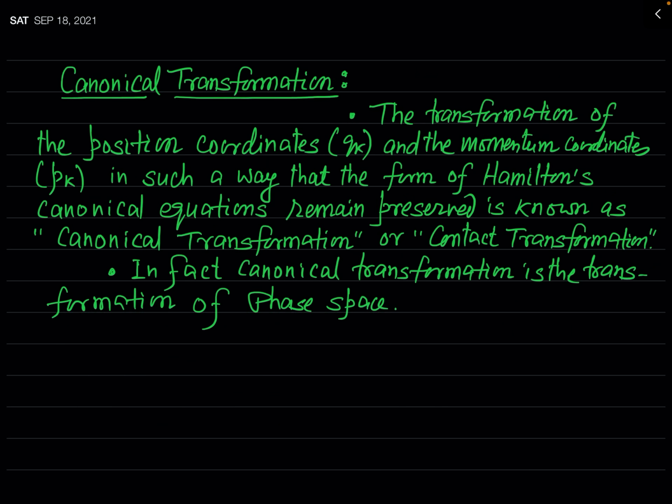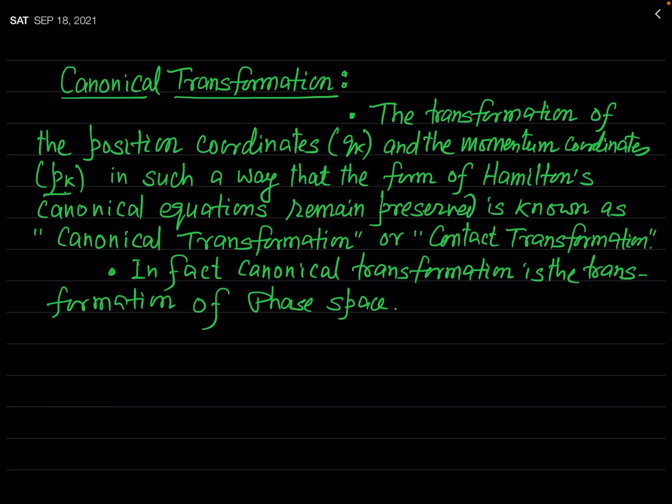Because in phase space the momentum coordinates are placed on the same footing as the position coordinates. So in phase space these pk are treated as independent coordinates, just like qk.